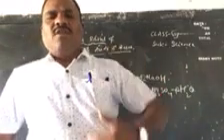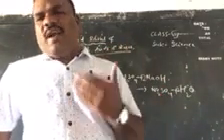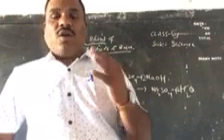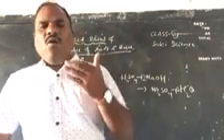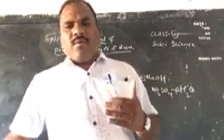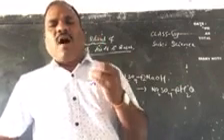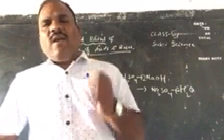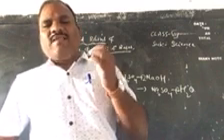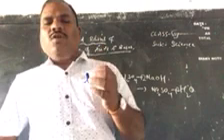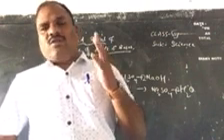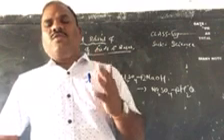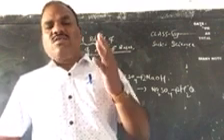Now, there are three types of salts: acidic salts, basic salts, and neutral salts. Acidic salts are formed from a strong acid and a weak base. For example, HCl plus ammonium hydroxide gives NH4Cl plus H2O, an acidic salt.